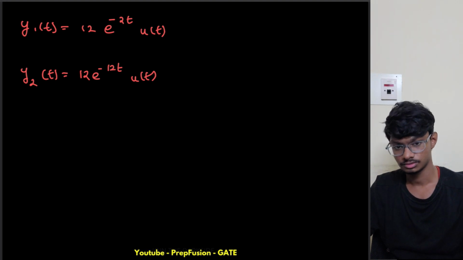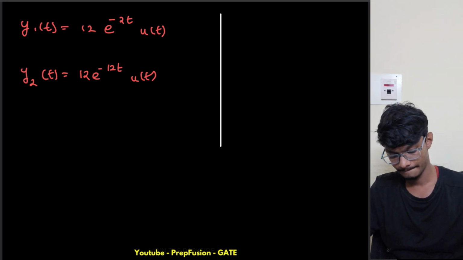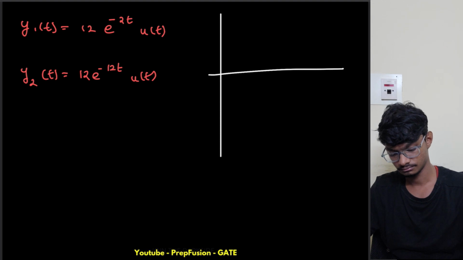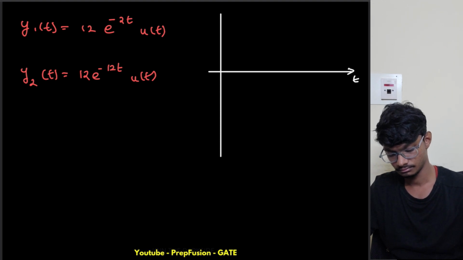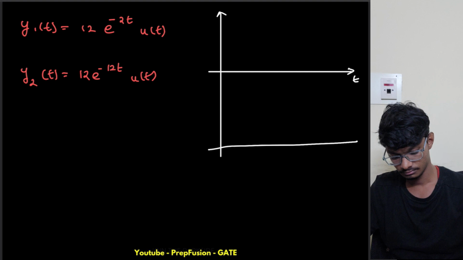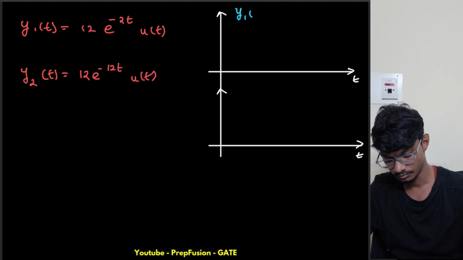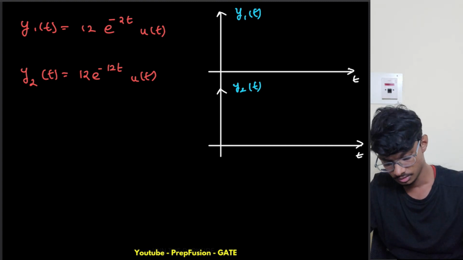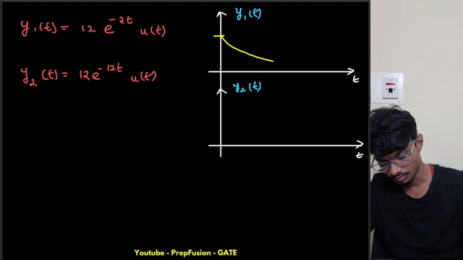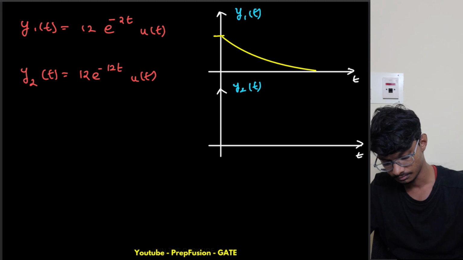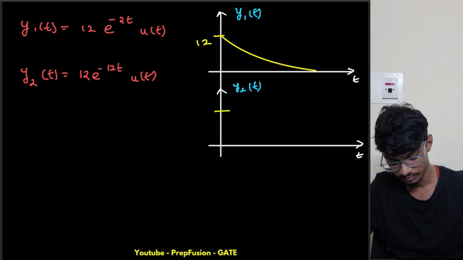So this is y1 of t, this is y2 of t. Basically we're starting from 12 and going to 0, and for y2 we're starting from 12 and going to 0, but at a much faster rate this time.